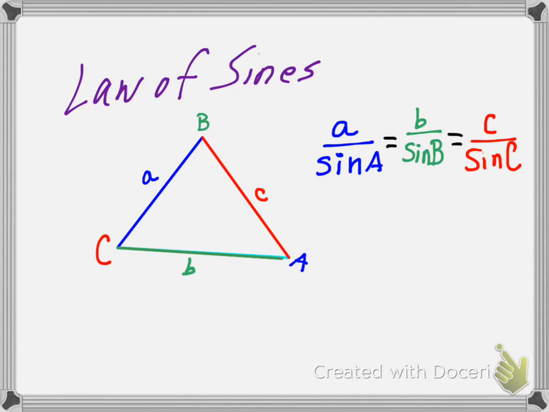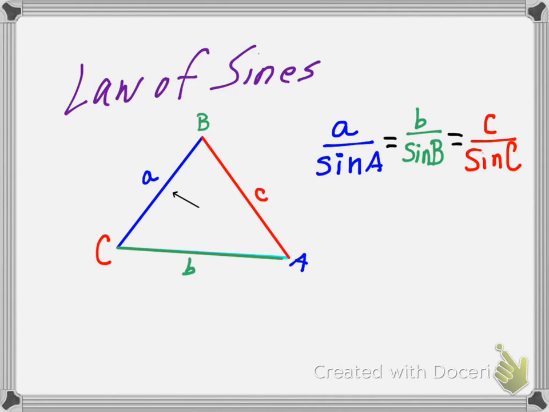Just wanted to shoot a quick video to go over the instructions for Law of Sines. What we talked about in class is that in all triangles, not just right triangles, there is a proportionate relationship between the opposite side and its opposite angle. That is this side right here, which is A, the blue one.